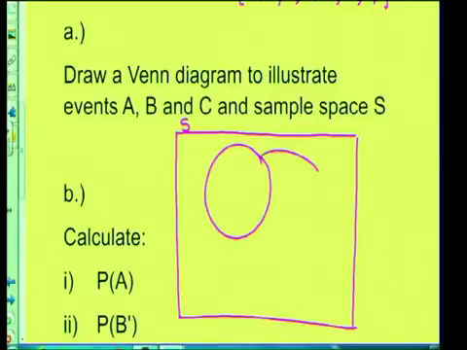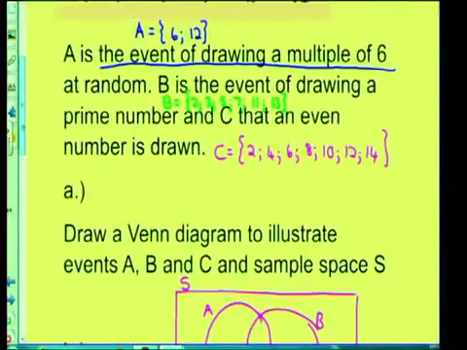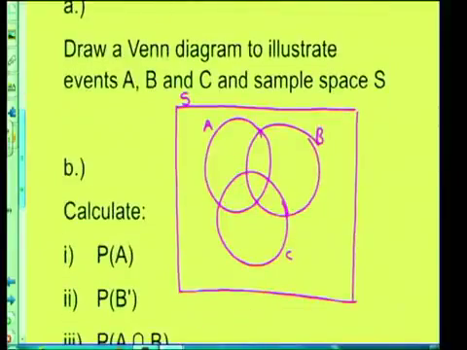We've got set A, set B, set C. The first thing I would fit in is what is common to all 3 sets. 6 is not a prime, so it's not common to B, and 6 isn't even, but there's nothing that is common to all 3. So this little section over here, which I'll highlight, is going to be empty, which is absolutely fine.